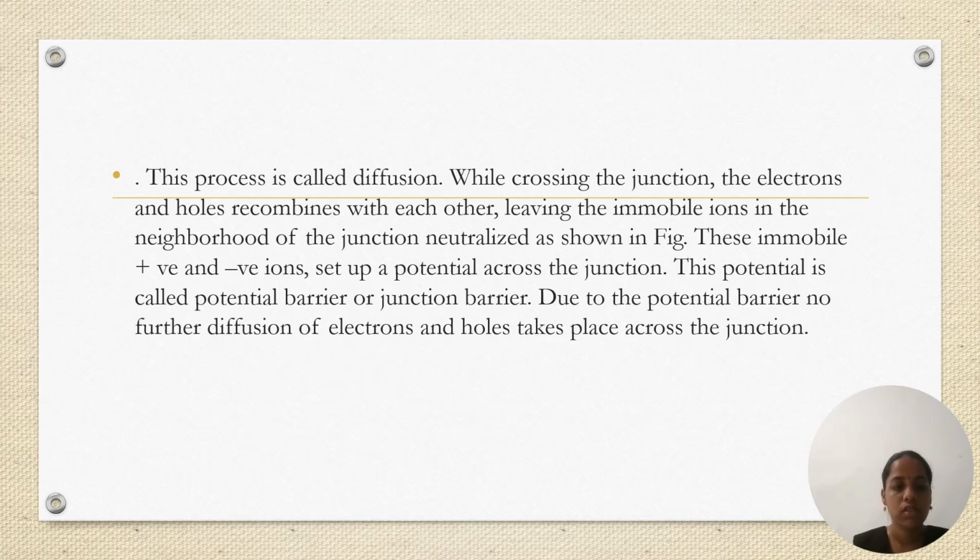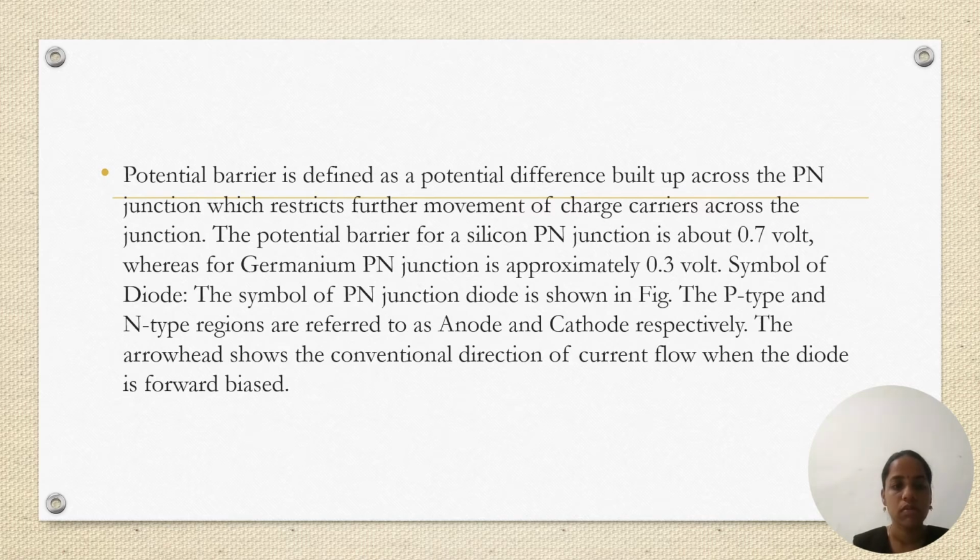Next, potential barrier is defined as a potential difference, means difference of N region and P region across the PN junction diode, which restricts further movement of charge carriers across the junction.